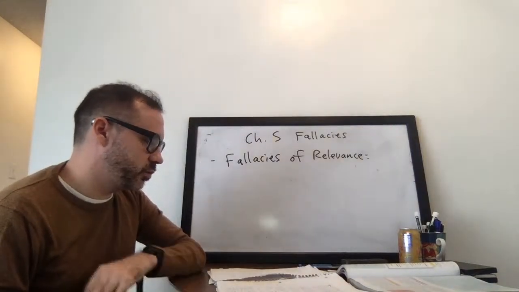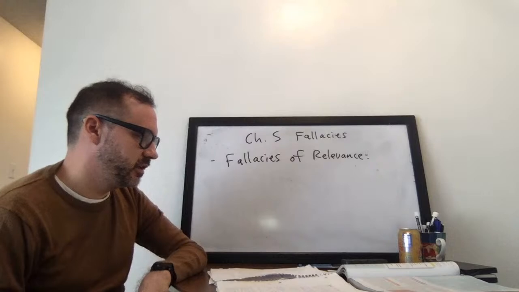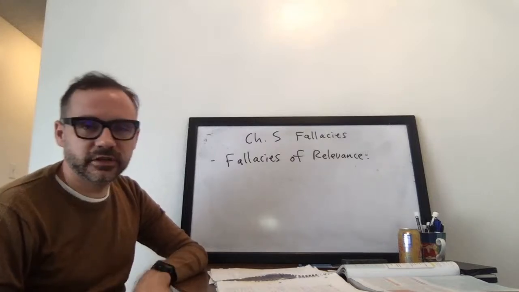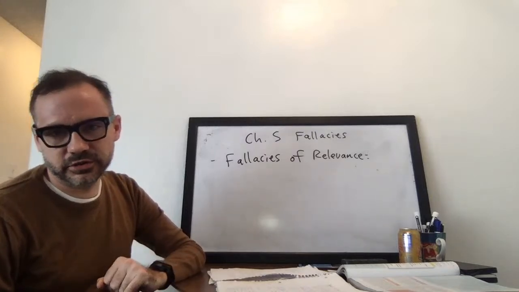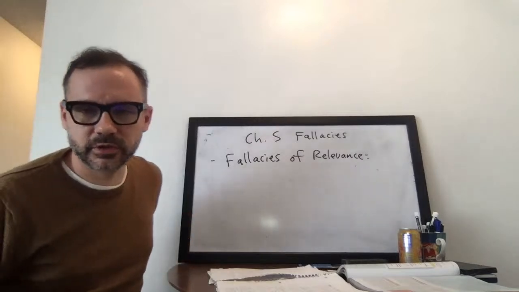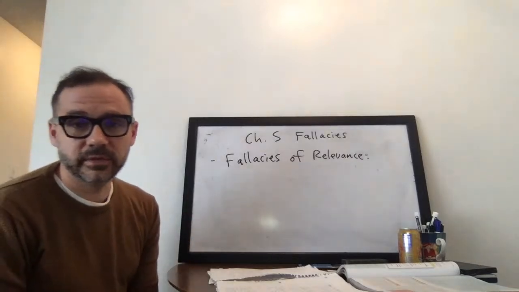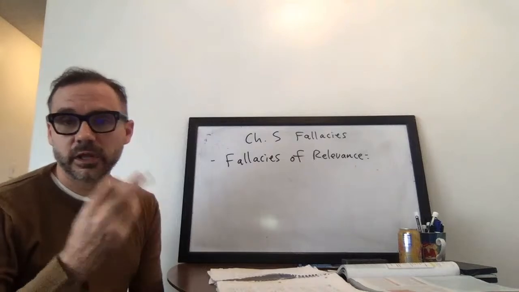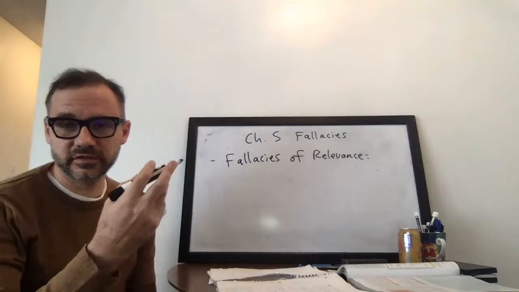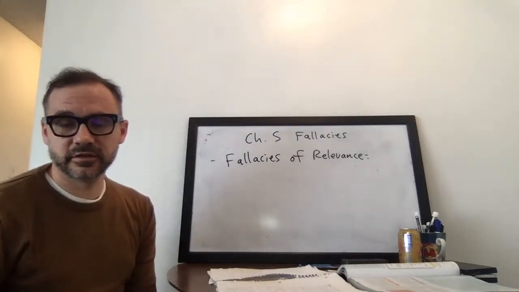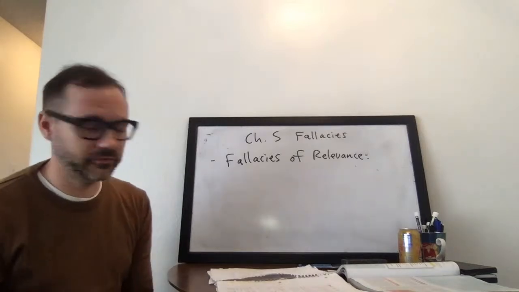Fallacy of relevance is when one or more of the premises in the argument is irrelevant or is just not related to the conclusion. So that's when the argument goes wrong and has a flaw, because of the lack of a relevant connection between the reasons that have been given and then the conclusion that is supposed to follow from them.